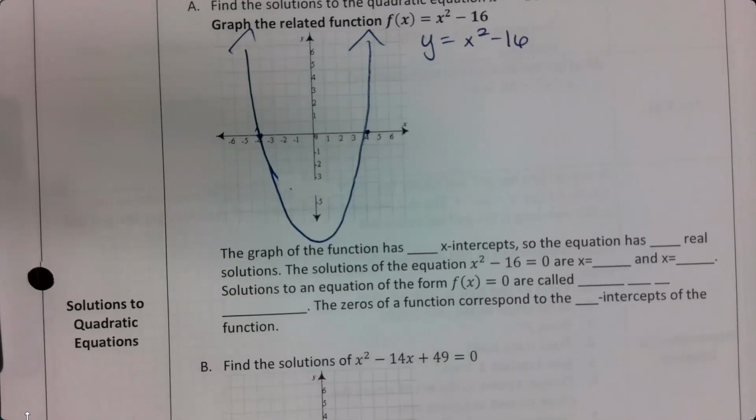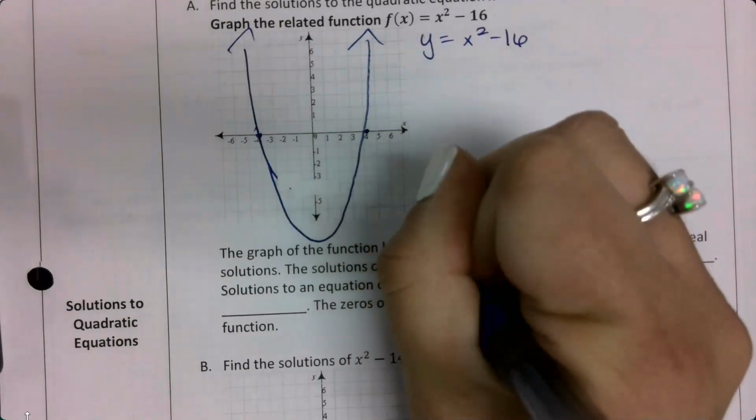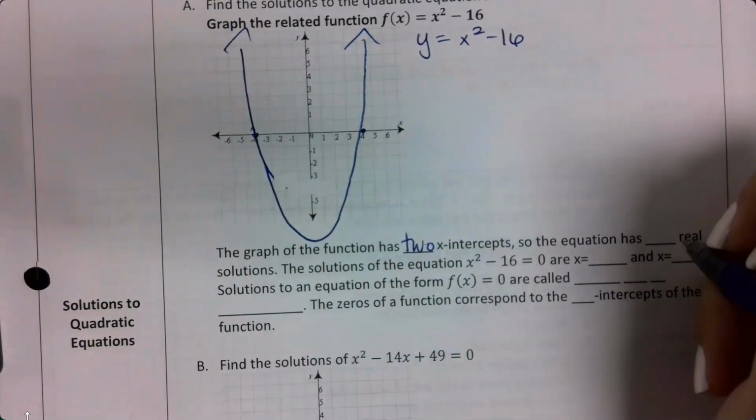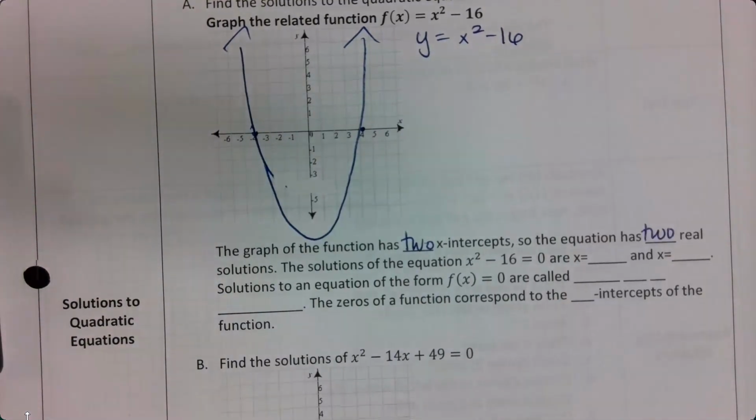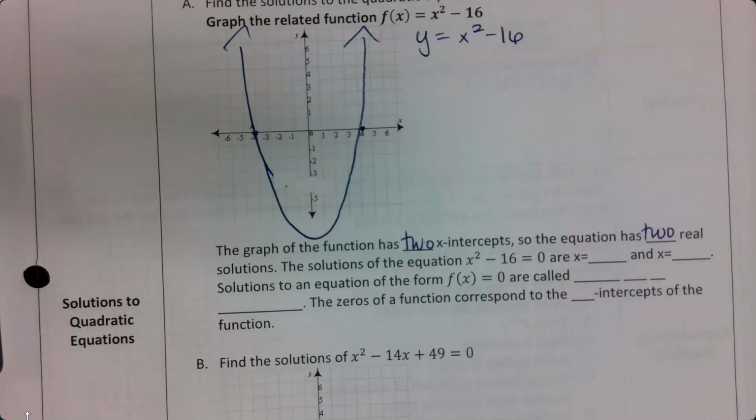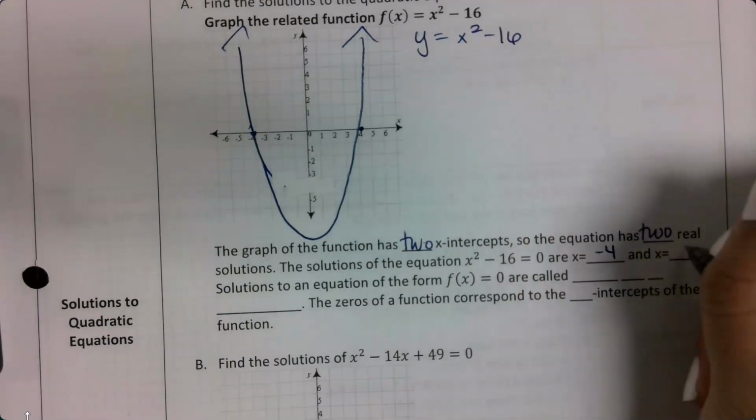So my graph of the function has how many x-intercepts? 2. And this means it has 2 real solutions. So my solutions, what do you think they're going to be? Negative 4 and 4.